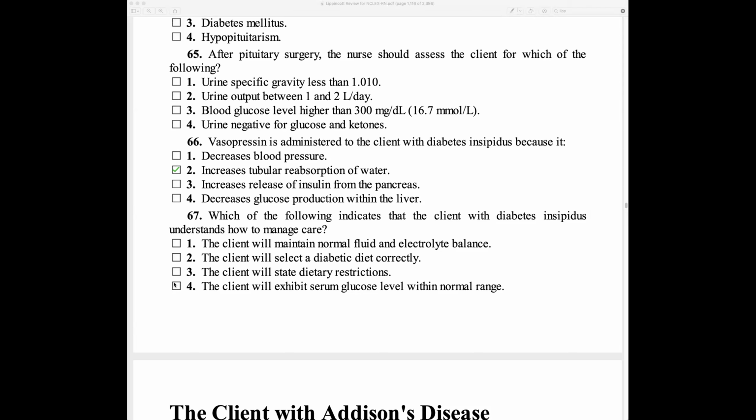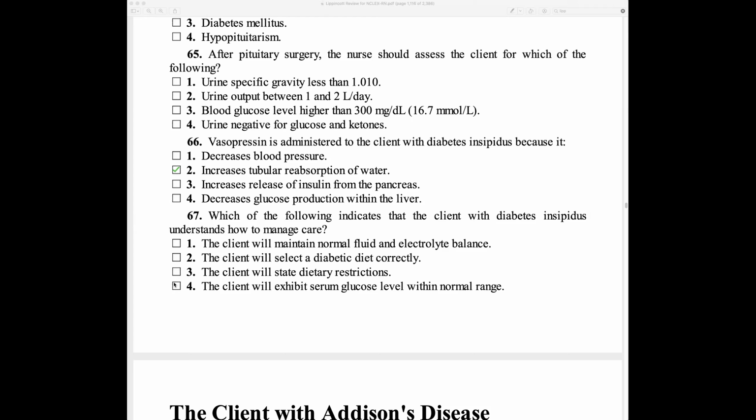When you're taking the NCLEX and you see diabetes insipidus, what two letters are you going to think? DI. And what does DI stand for?